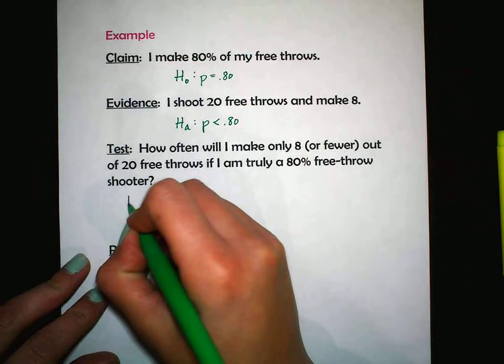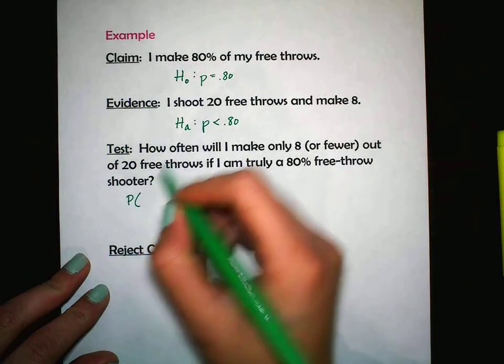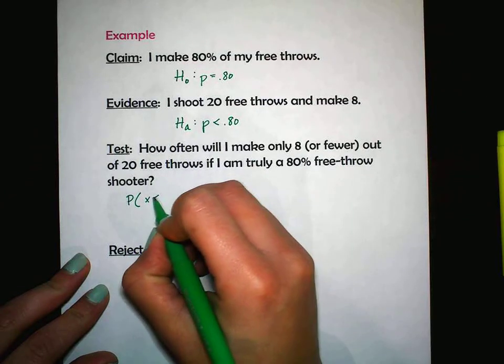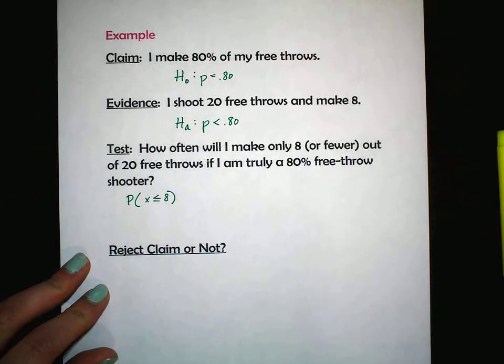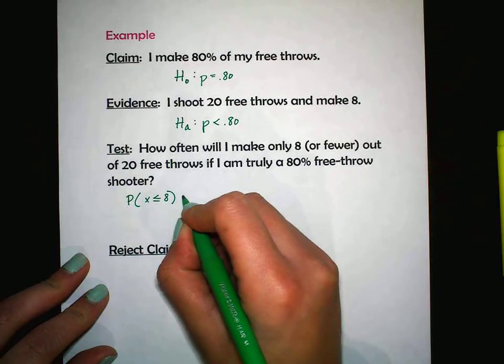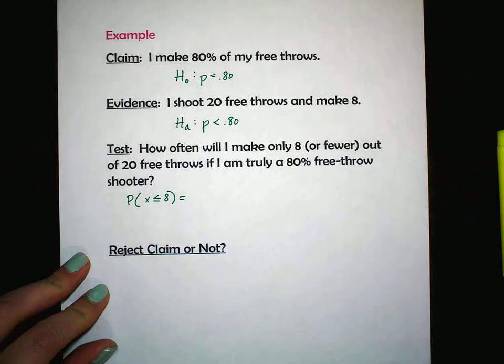So we have to figure out the probability that I made less than or equal to 8 out of 20. One thing that we can do is, this is a binomial situation. We have a set number of tries, 20 free throws.